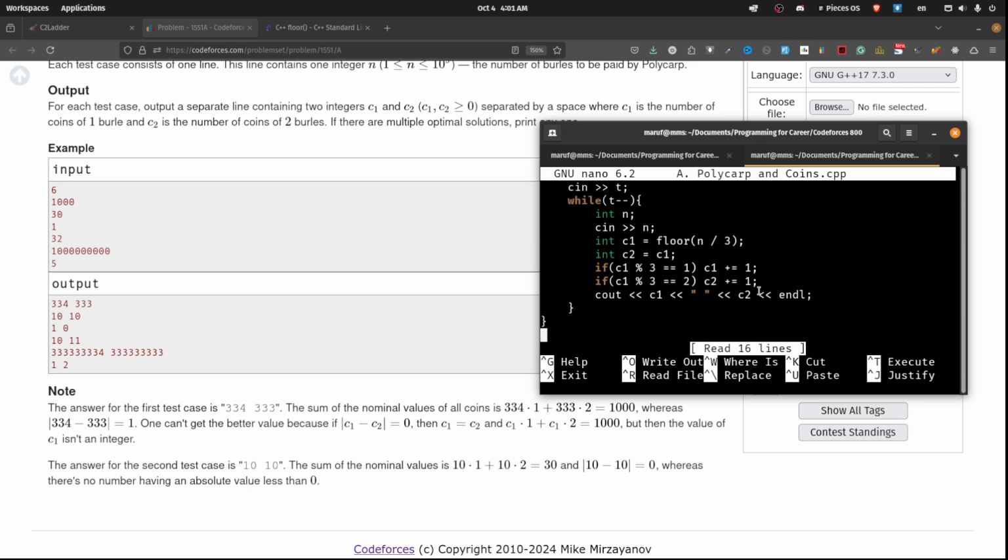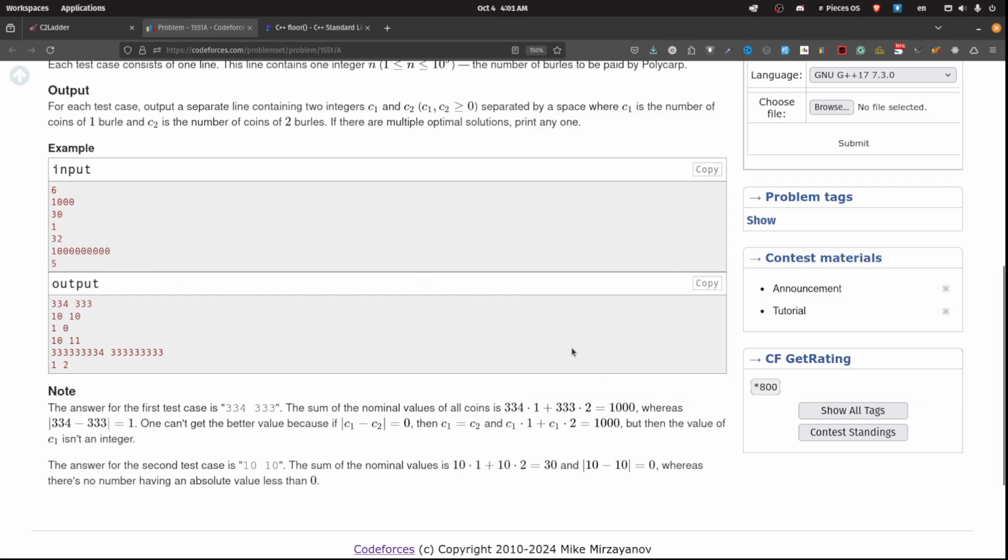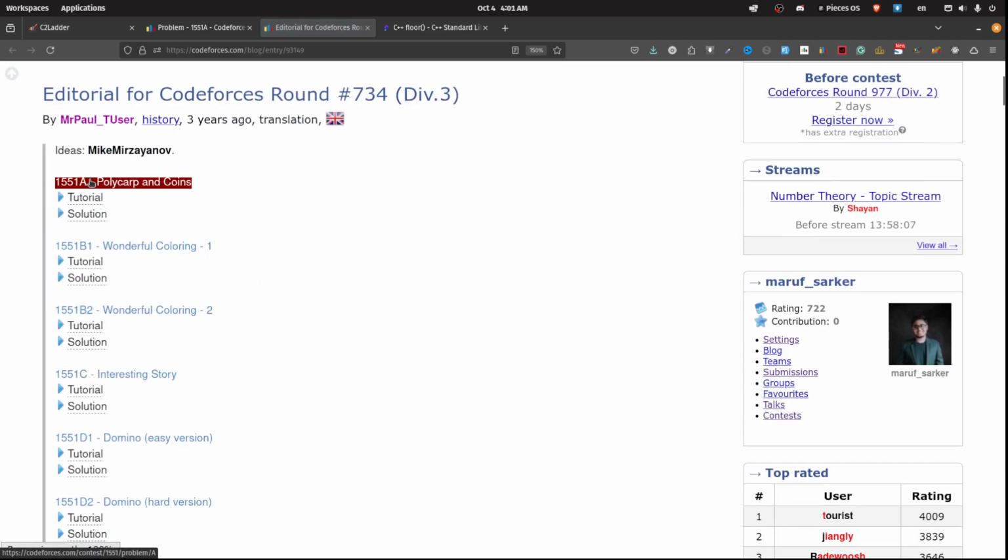So here floor n divided by 3, C1, C2, C1 modulo 3 equals 2, and C2 plus equal to 1, C1 and C2. I can't find any logic here. Okay, let's start by reading the tutorial.